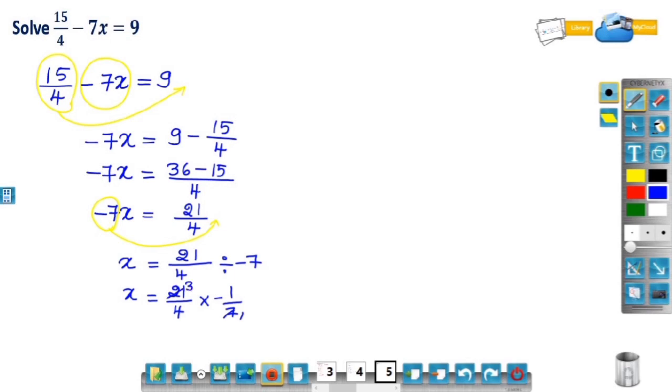So x is equal to, in the numerator we have 3 into minus 1, that is minus 3 divided by 4 is the solution.